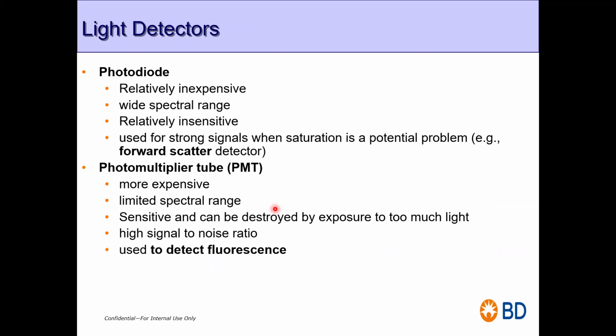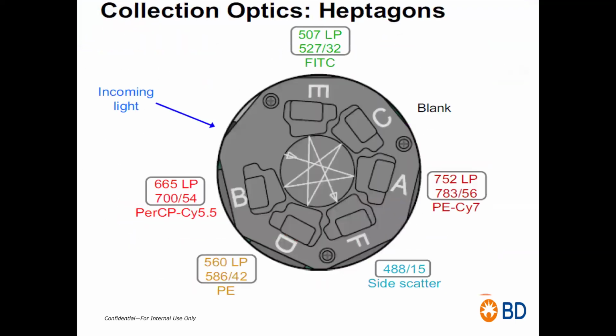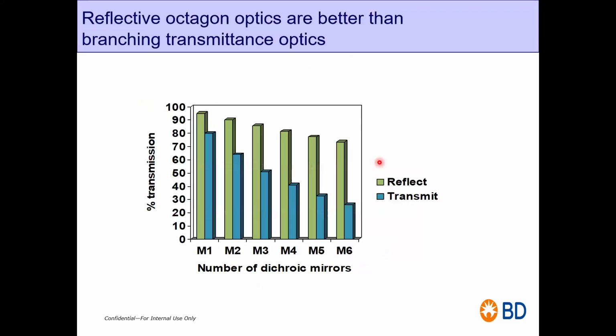But in reflectance, there is far less loss of photons than in transmittance. So that's the principle they have used here, and they have shown it here also through some data, that in transmittance, this blue is transmittance, you are losing some of your data or some of your photons.